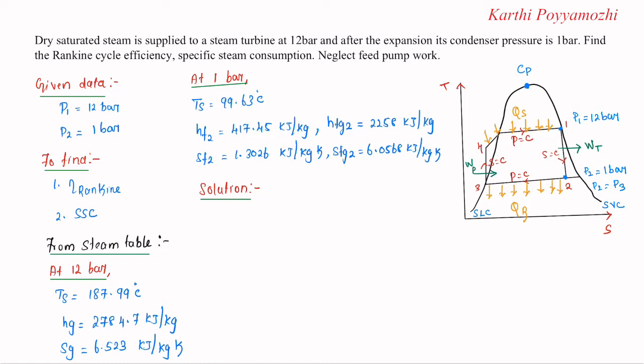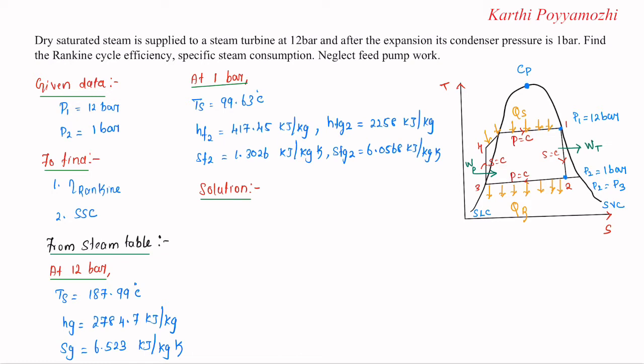One thing you should notice is that this is the critical point, and the left hand side of the critical point is the saturated liquid curve and the right hand side is the saturated vapor curve. Therefore, at point 2 the steam is in vapor state, and due to the condensation process the phase change is carried out, and at state 3 it is in a liquid state.